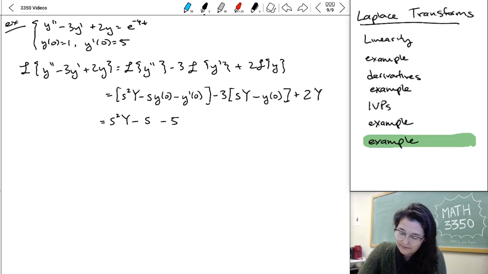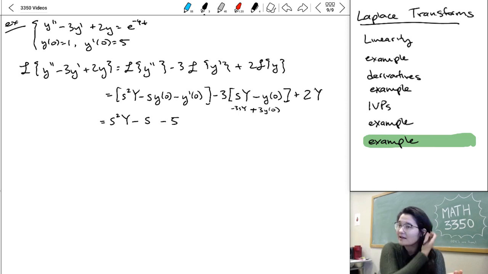I'm going to distribute that minus 3 through. I'm going to note that when I multiply minus 3 times minus y of 0, it becomes plus 3. It's really easy to make that kind of mistake. I'm sure you've done it at some point, maybe very recently in class.